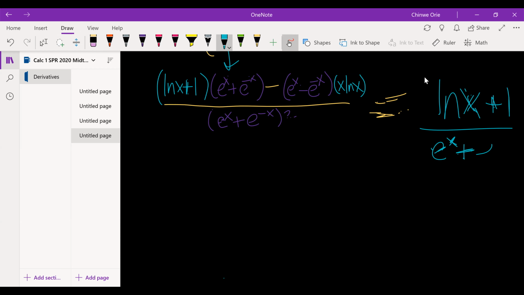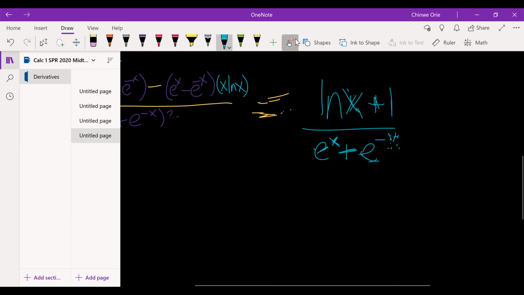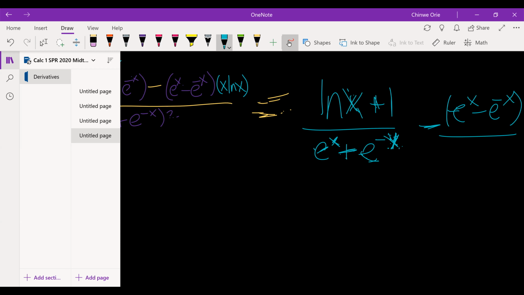So I would cancel that out on the top and bottom first, and then I still have my e to the x minus e to the negative x. That's pretty much it. That's probably as best as you can do, I think, given the circumstances.